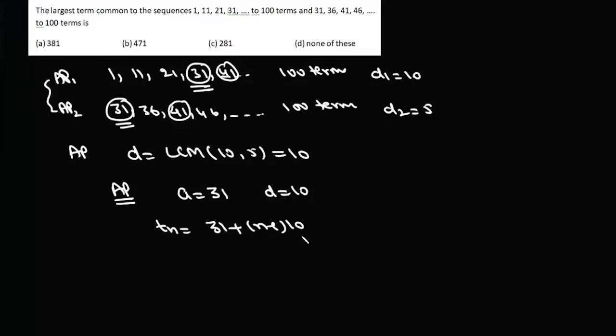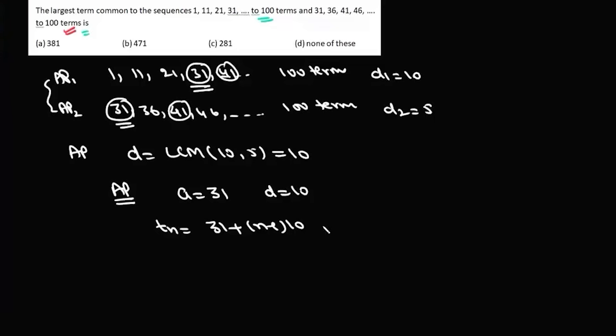Now we need the largest term common to the sequences. The largest common term will be less than or equal to the minimum of the last terms of the two sequences. Basically the minimum will be in this second series.